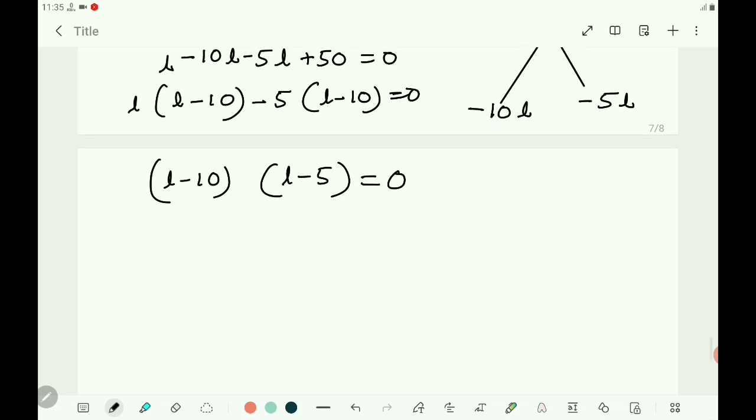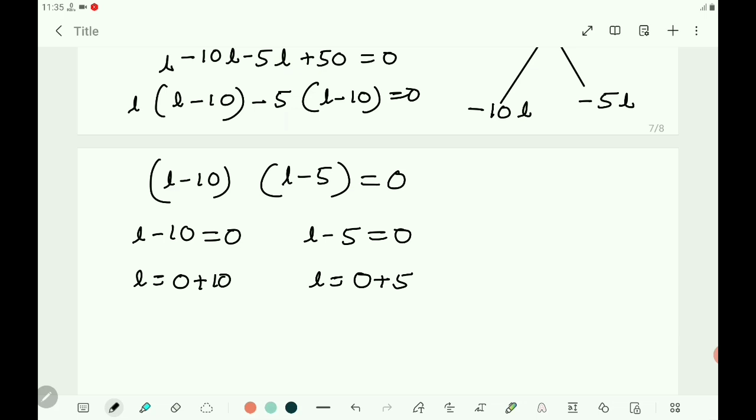Then equate each factor to 0. L minus 10 equals 0 or L minus 5 equals 0. L equals 0 plus 10, L equals 0 plus 5. You got L equals 10 and L equals 5.